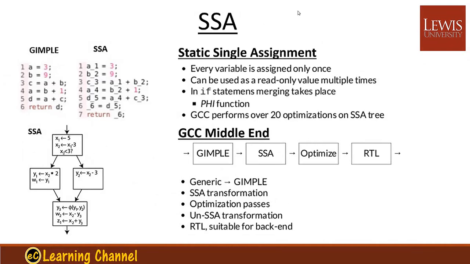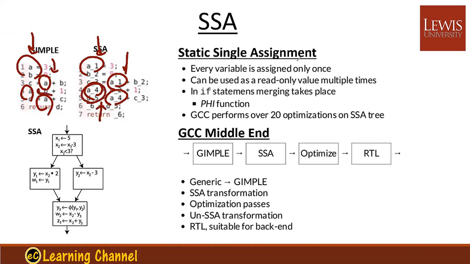Static single assignment means let's do this: my A shows up four times, so I will use A1, A2, A3, A4. I will use each one. If it is on the right hand side, I can use the same one. But at the second occurrence, I assign a new value to it, so I call it A4 already. Is that okay?